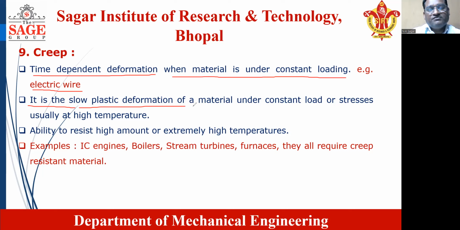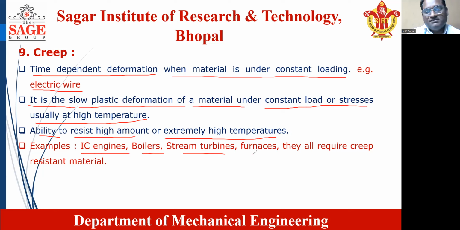It is slow plastic deformation of the material under constant load or stresses, usually at high temperature. Creep resistance can also be defined as the ability to resist extremely high temperatures. For examples, engines, boilers, steam turbines, and furnaces all require creep resistant materials. So this is the property of creep.